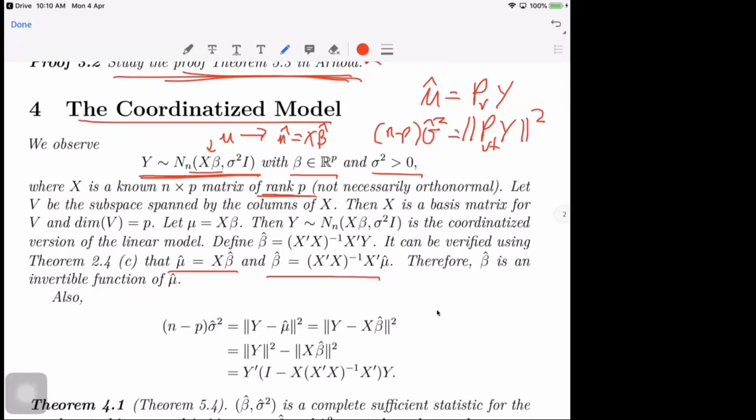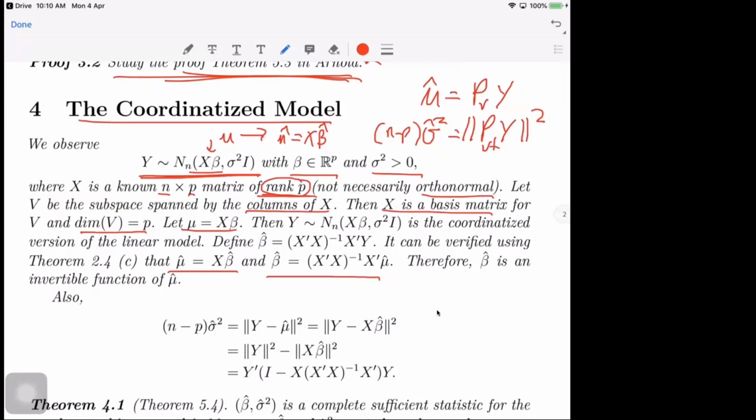So rank p is the minimum between n and p, not necessarily orthonormal. So let V be the subspace spanned by the columns of X. Then X is a basis matrix. And since X is of rank p, the dimension of our V, since X is a basis matrix, will be equal to p.